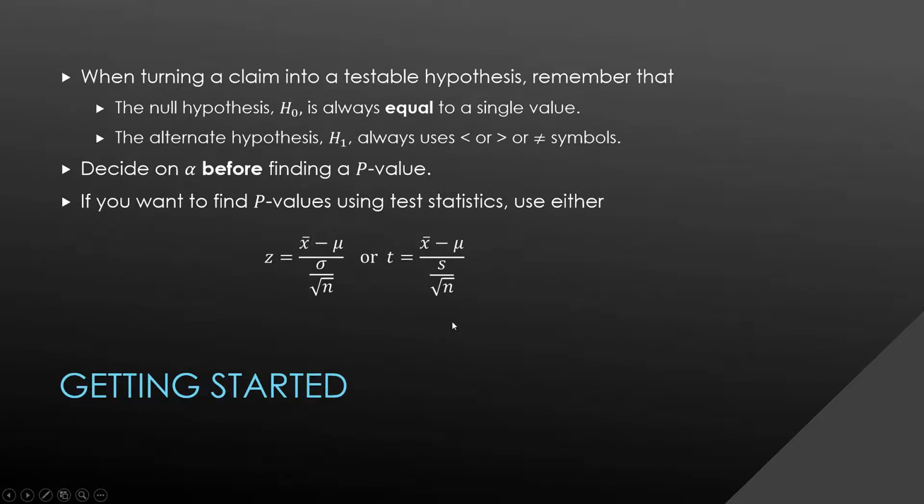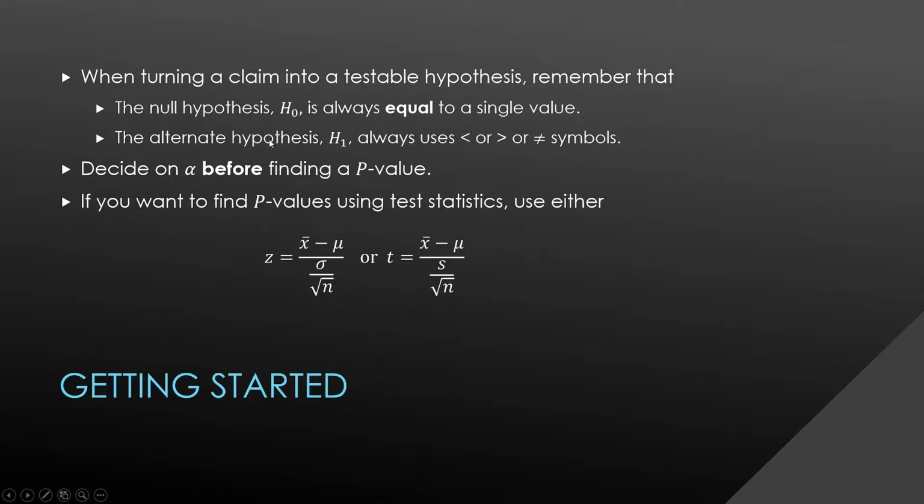So for just a quick start guide here, when you're making a testable hypothesis, always remember this. The null hypothesis is equals number. So here we're talking about means, so we're hypothesizing that the mean equals a number. So the mean grade for a test might be 70%, so then H0: μ = 70.